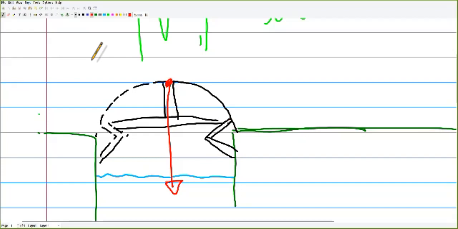So if a person stands here, it's going to apply more force. And we can see that the bridge has not moved. So it's in equilibrium because all the forces sum up to zero.